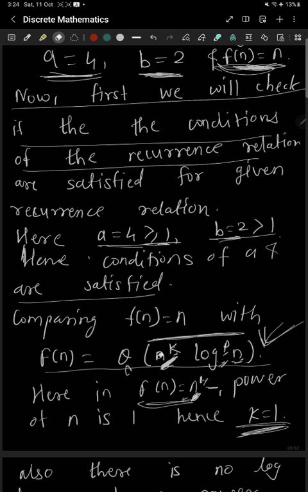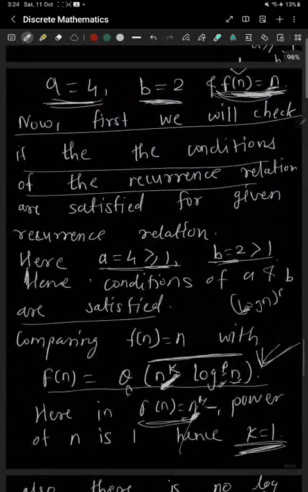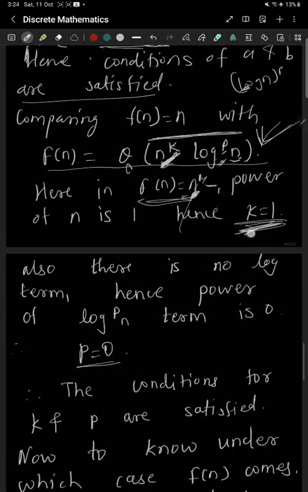So when we compare this f(n) with this f(n), here the nth power, just as n is there, n is to 1, so hence k is equal to 1.